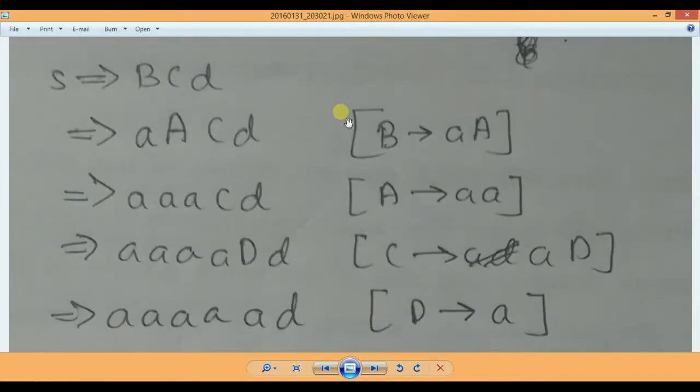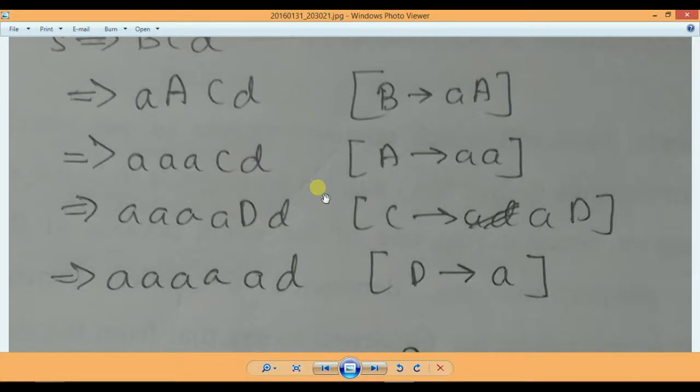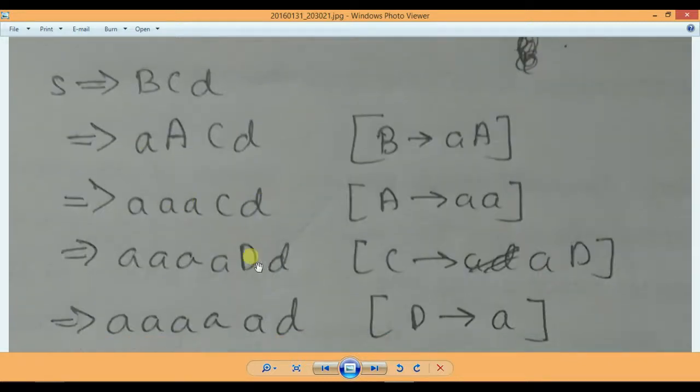We know that there are more than one way to reach the sentence, so there may be confusion. For example, if this derivation is done in a different way, a person may get confused.